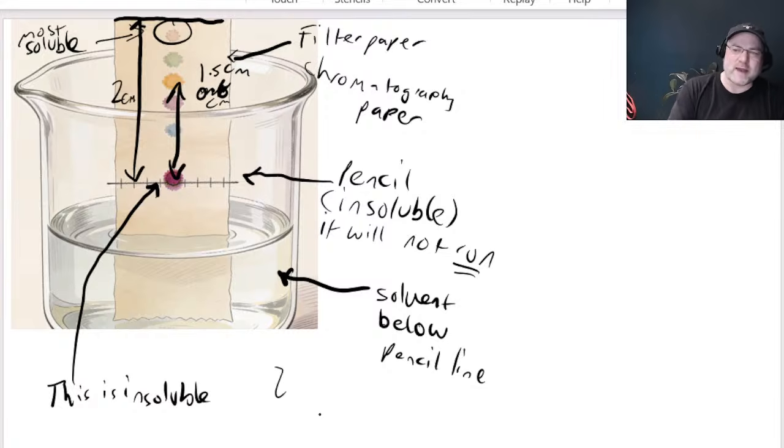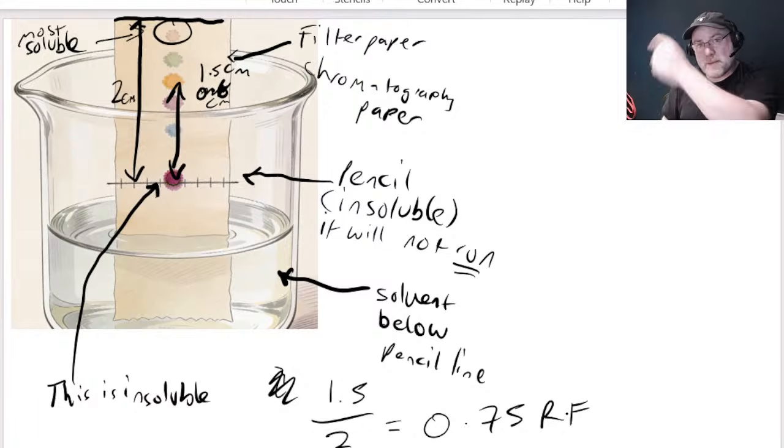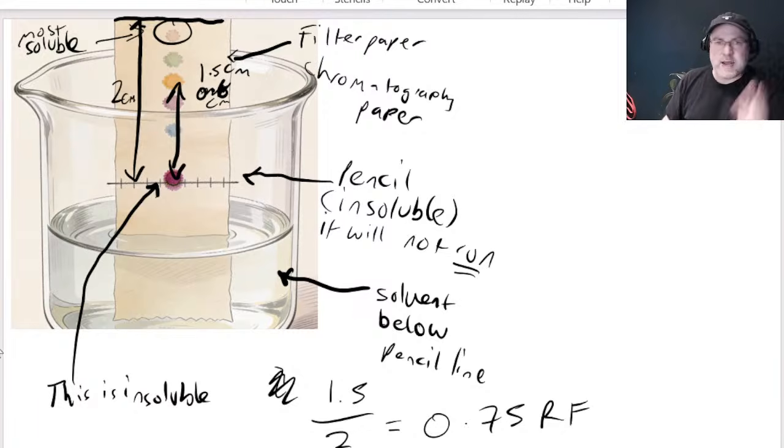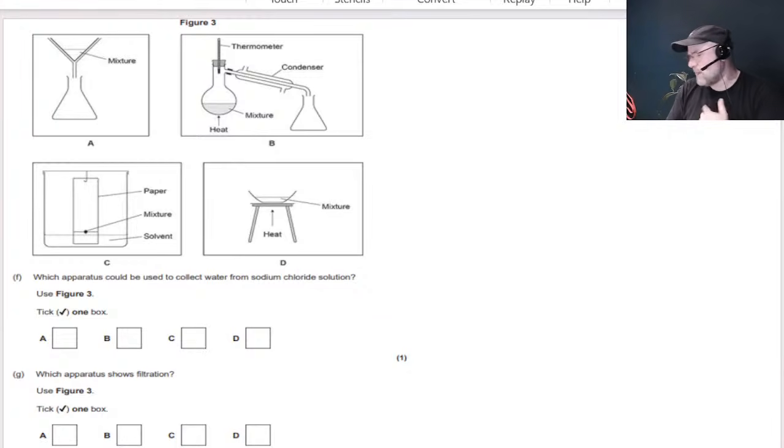So if you wanted to calculate the RF, it's a fraction, a decimal. You're going to do 1.5 over 2, and you get 0.75 as your RF value. You can then look up in a book and identify the substance. Anyway, let's move on because we don't want to waste too much time.